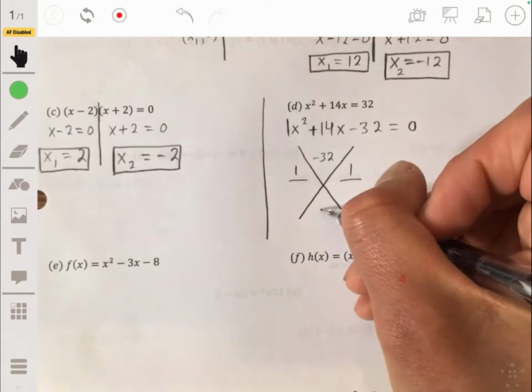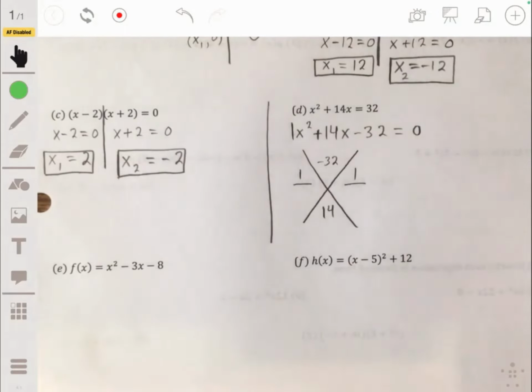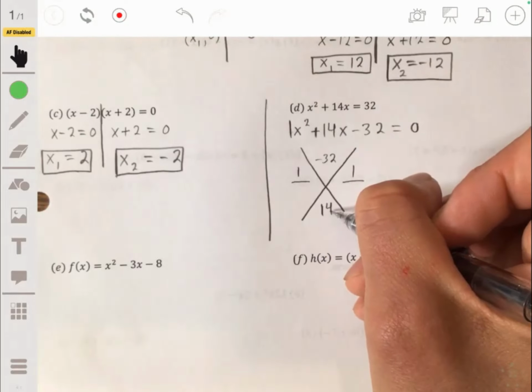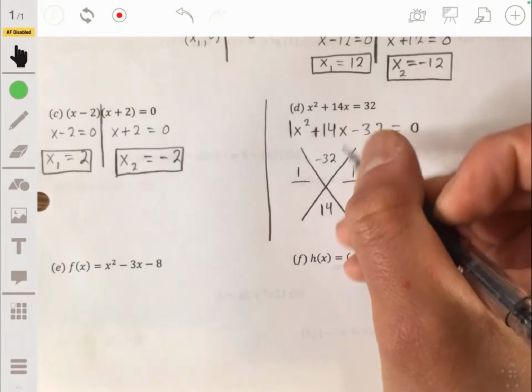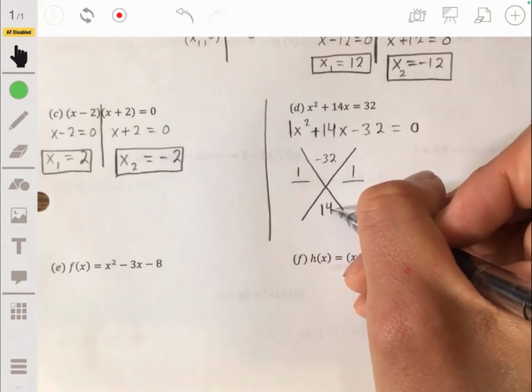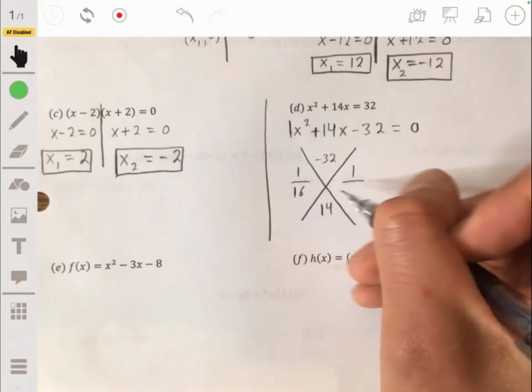On the bottom, you have b, or 14. And then look for two numbers that multiply to -32 and add to 14. So multiplying to -32 and adding to 14, that would be 16 and -2.